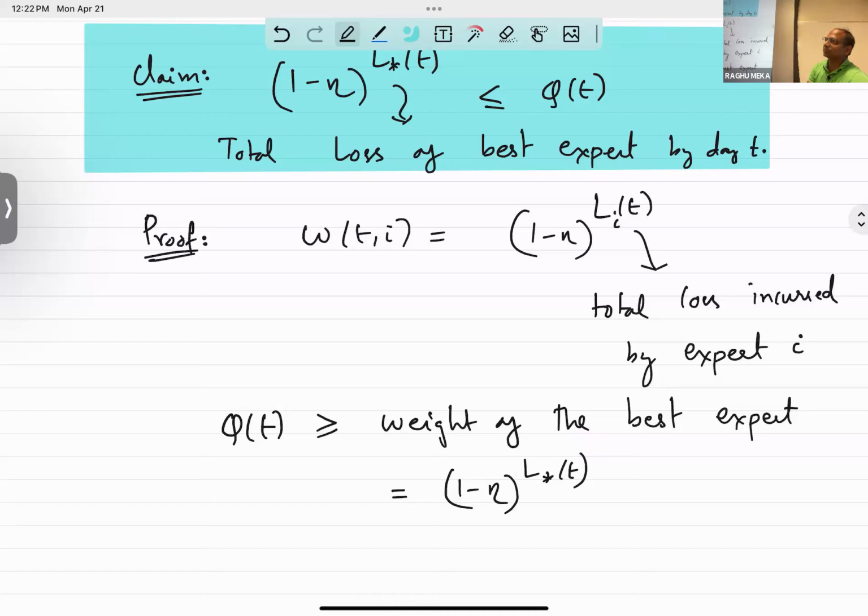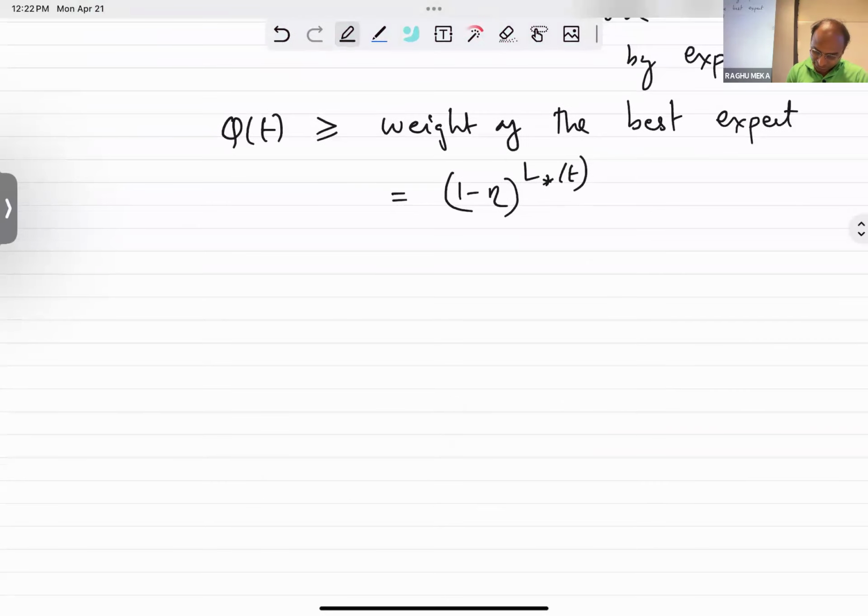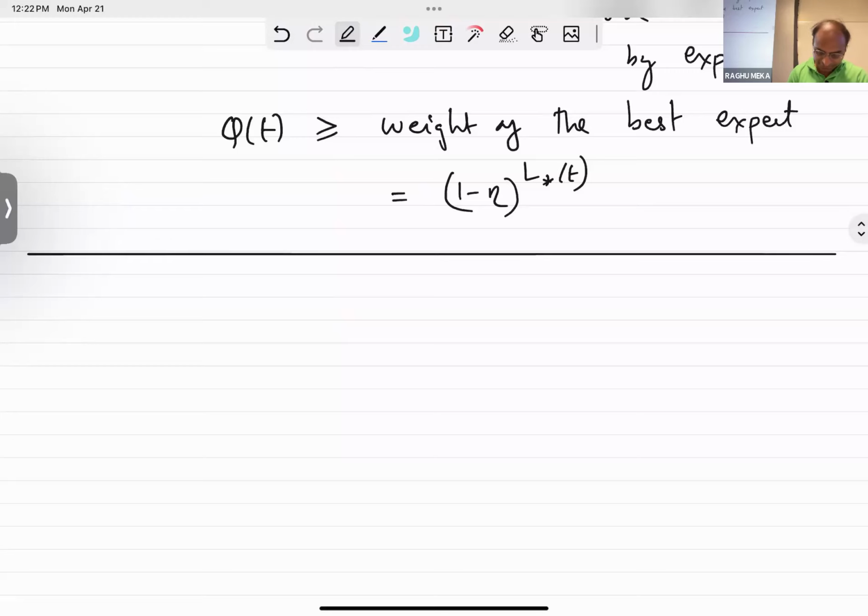Okay. And now we are done. We just need to do some arithmetic to compare the things. So, putting everything together.